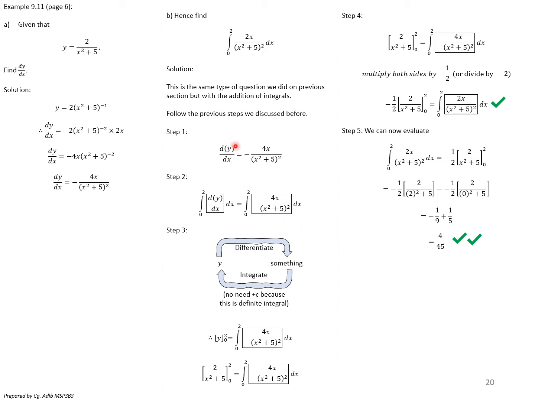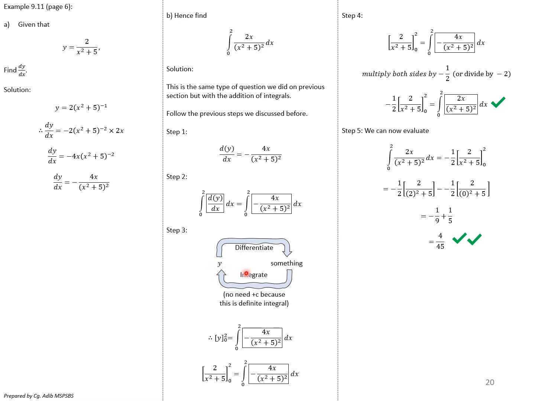The first step is we use the previous solution here, so dy over dx equals to this. Then remember, you put the integrals on both sides, include the limit. Then focus on the left hand side here. If you differentiate y and then you integrate it, you'll get y back.